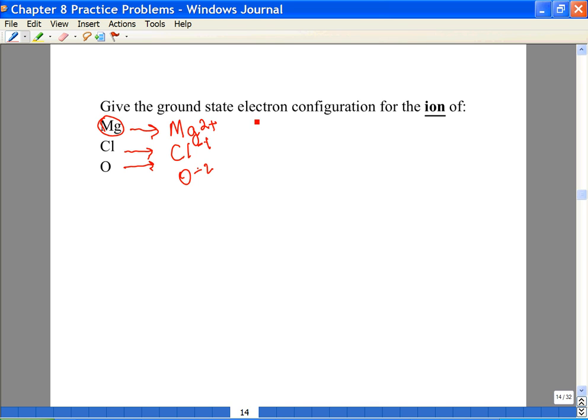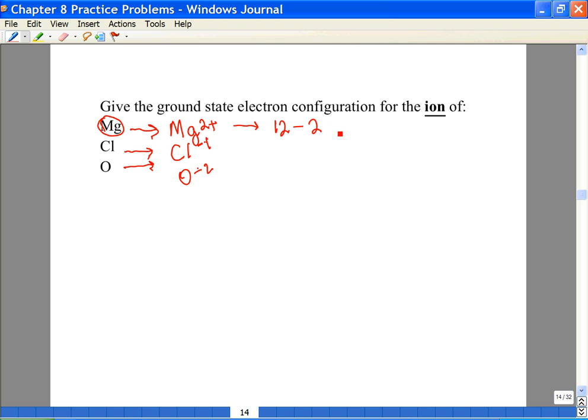So what we simply do, just like we did with the other electron configuration problems, is look at the atomic number for magnesium on the periodic table, which is 12.